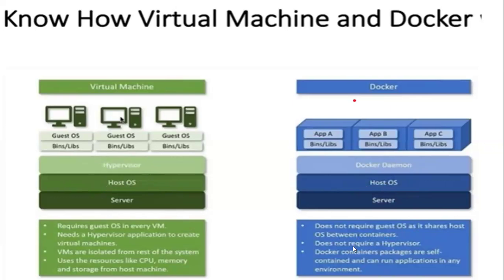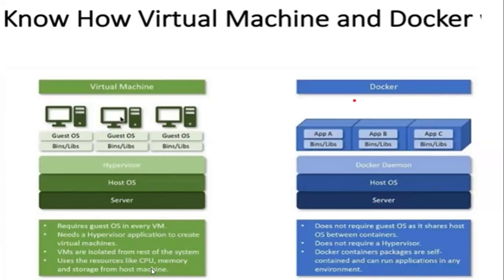Docker does not require any hypervisor software. Docker contains the packages itself only, and these packages can be run as an application in any environment. But here in virtualization, we require one guest OS and need one hypervisor software to create virtual machines, and these virtual machines have different system requirements.